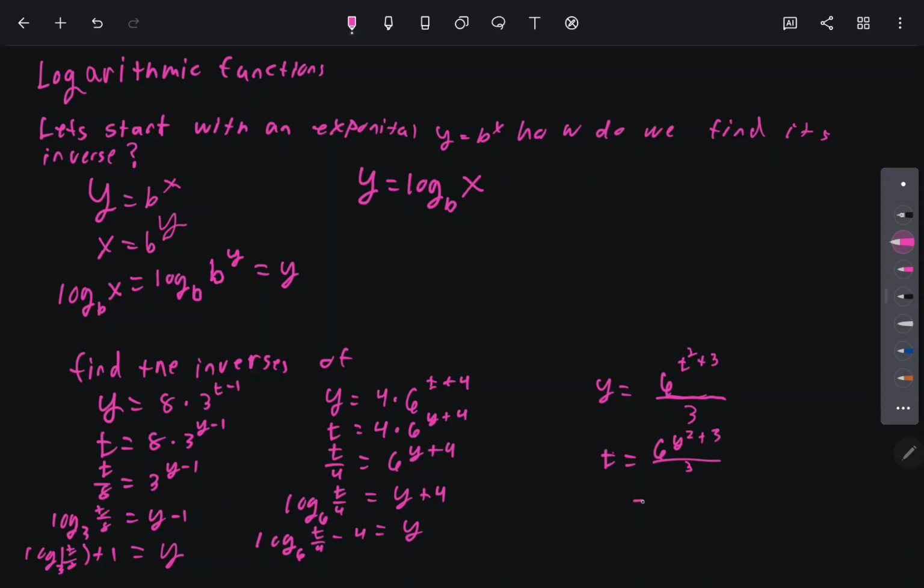Well, we're going to multiply the 3 over, so we get 3t is equal to 6 to the y squared plus 3. We can now take the log base 6 of both sides, and we'd get y squared plus 3. So we can now get log base 6 of 3t minus 3 is equal to y squared.